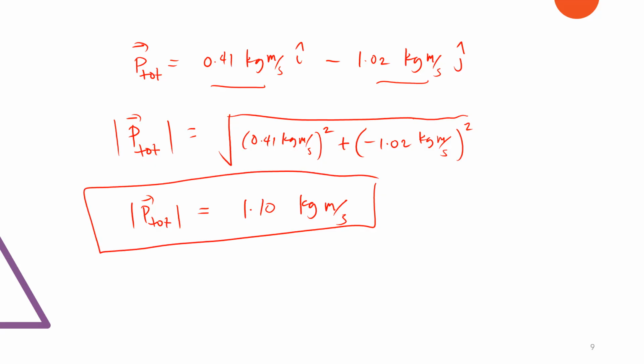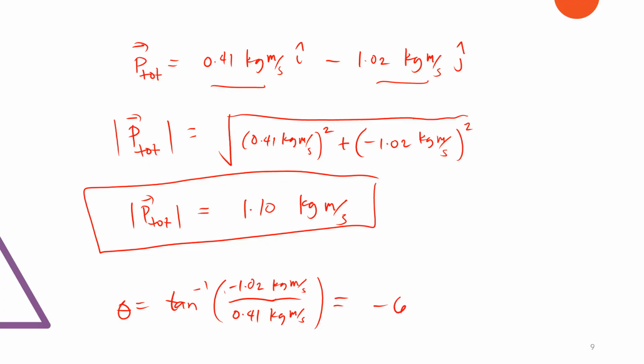And for the direction, we can use the tangent inverse of the y component over the x component. The y component is negative 1.02 kilograms meter per second, and the x component is 0.41 kilograms meter per second. So this is equal to negative 68 degrees.